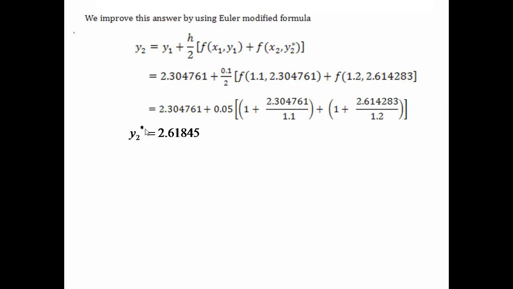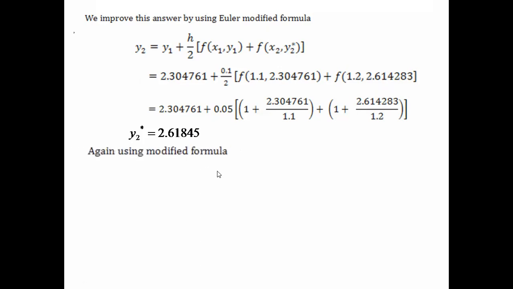Here I wrote a star because I take this also as an approximate value, because the previous value using the Euler formula was y2 is equal to 2.614283. In the first iteration I got 2.61845. Two digits are repeating. So it is better to modify this answer once again.